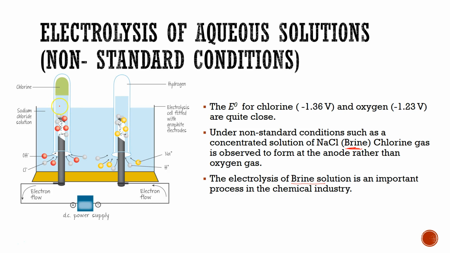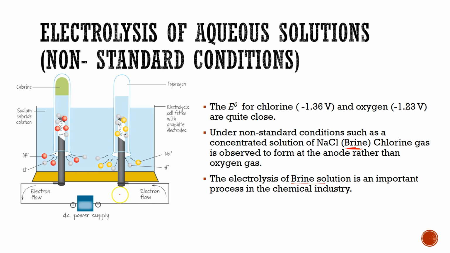Okay, so the electrolysis of brine is important to the chemical industry because now we can produce chlorine, as well as hydrogen gas, which are both useful. And you'll notice that we're also getting hydroxide ions in here when we produce the H plus into hydrogen gas. We're actually getting lots of useful chemicals out of this.